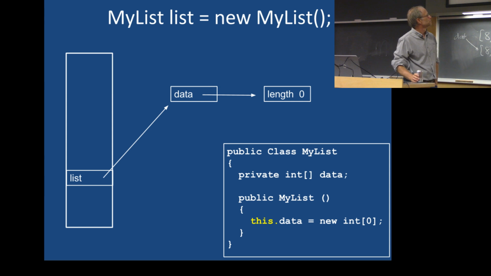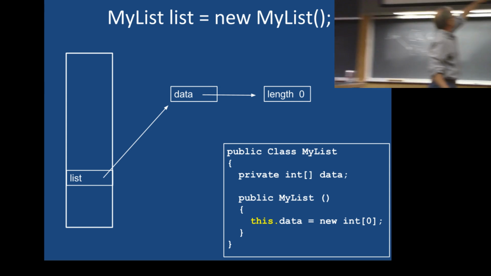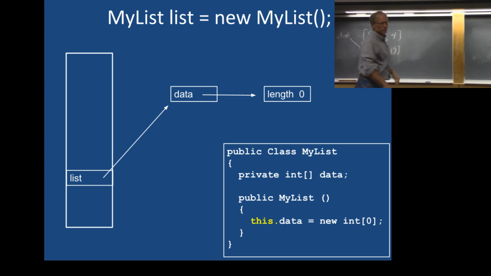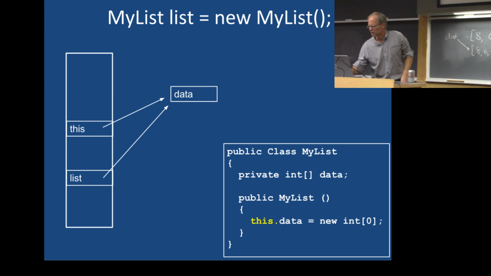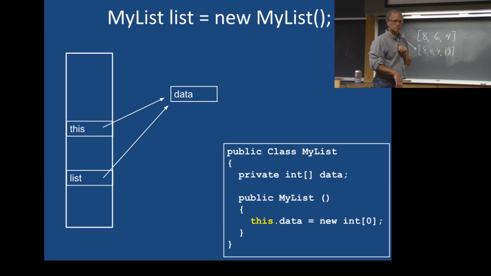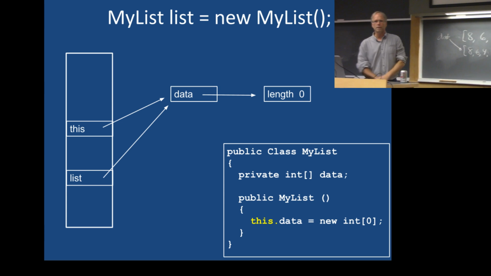What happens in this line of code is the constructor says, I need this. It knows this is stored in its stack frame. So the constructor goes to its stack frame and finds it. It says, okay, I need to follow the arrow to an object, and there'll be a data field there. Then it says you need to create a new array and store it there. And so the constructor does that.